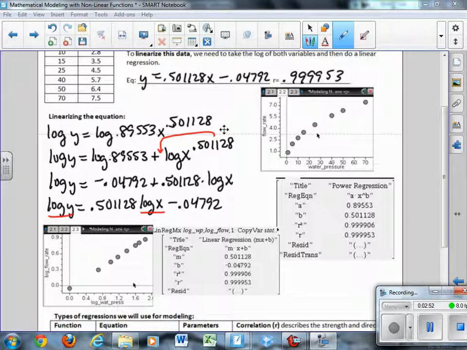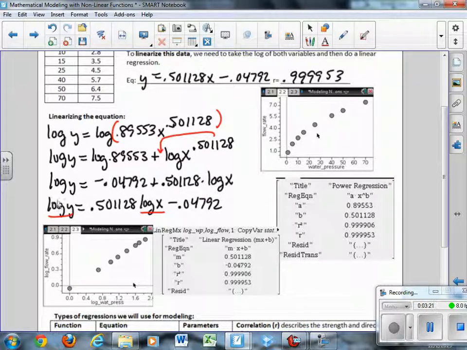Take the log of both sides, realize that I'm taking the log of this entire thing here, so I'm going to have to split this up into the log of 0.89553 plus the log of x to the 0.501128. And then I can bring the exponent out front. The log of 0.89553 is negative 0.04792 if you calculate that, and then we have the 0.501128 times log of x.